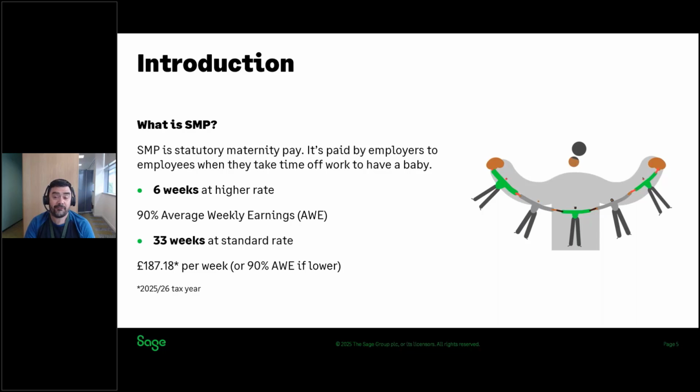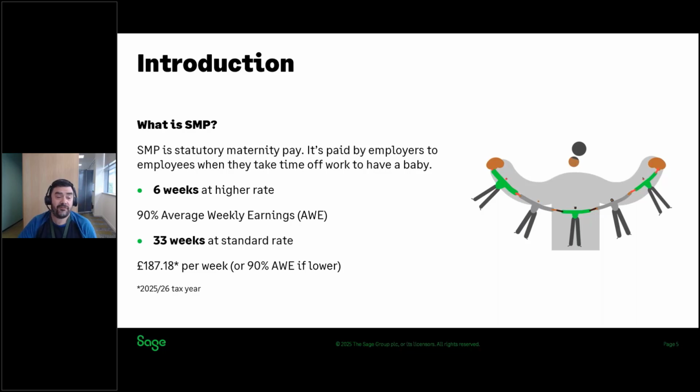So that's a flat rate of £187.18 per week for the current tax year, or 90% of AWE if that's lower. So for lower paid employees, the 90% of average earnings is the rate throughout the maternity leave. For most, 90% of average is the higher rate, and then they get that flat rate as the standard rate for those 33 weeks.